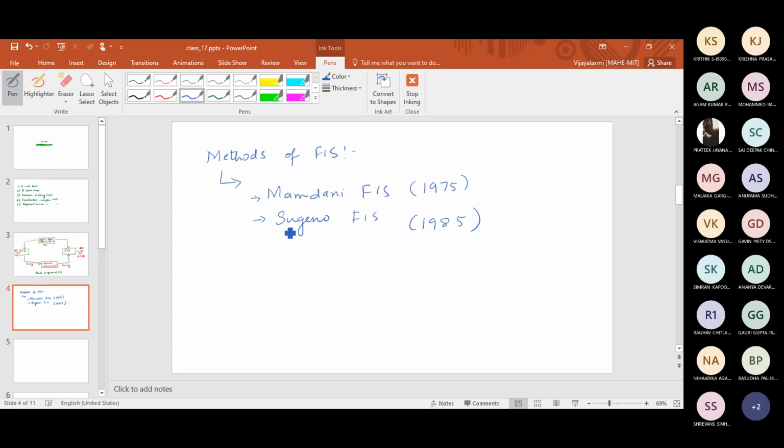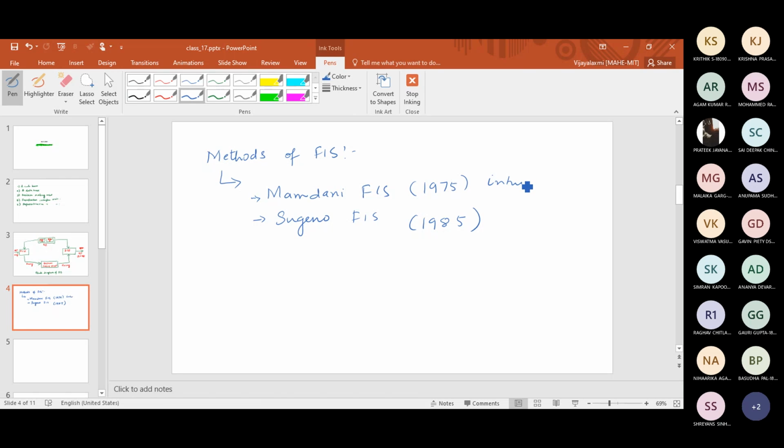But one thing is, Mamdani FIS follows linguistic fuzzy modeling, and compared to Sugeno, the accuracy is slightly less. Whereas Sugeno FIS provides better results, and precise fuzzy modeling is used in the Sugeno fuzzy model. Another important thing is, Mamdani is intuitive in nature.